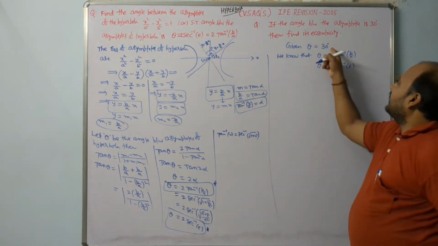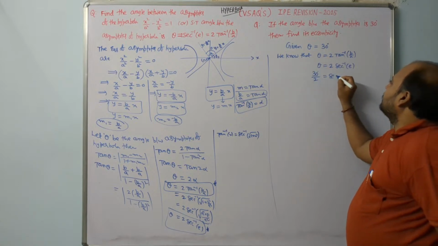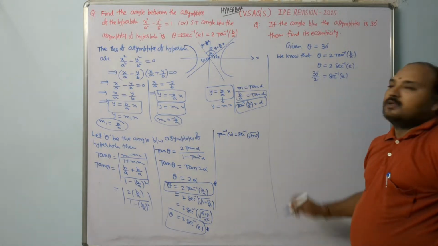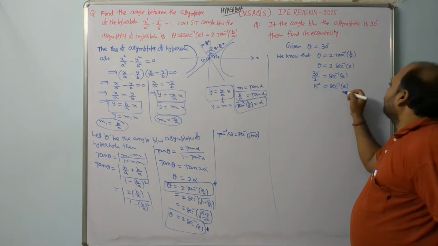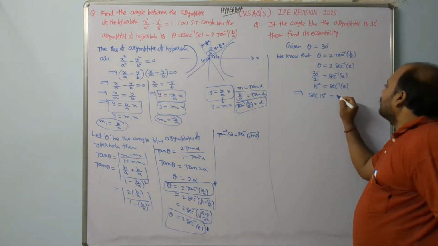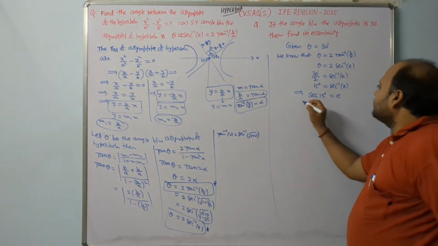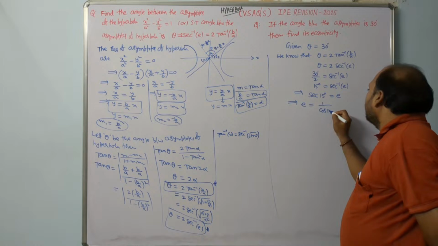So in place of theta, substitute 30. 30 degrees divided by 2 equal to secant inverse of e. So 15 degrees is equal to secant inverse of e. So that implies secant 15 degrees is equal to e. Secant 15 means reciprocal of cos only. E equal to 1 by cos 15.